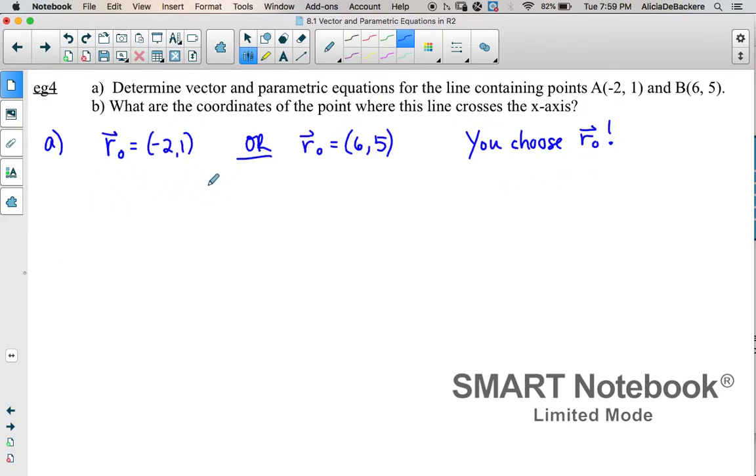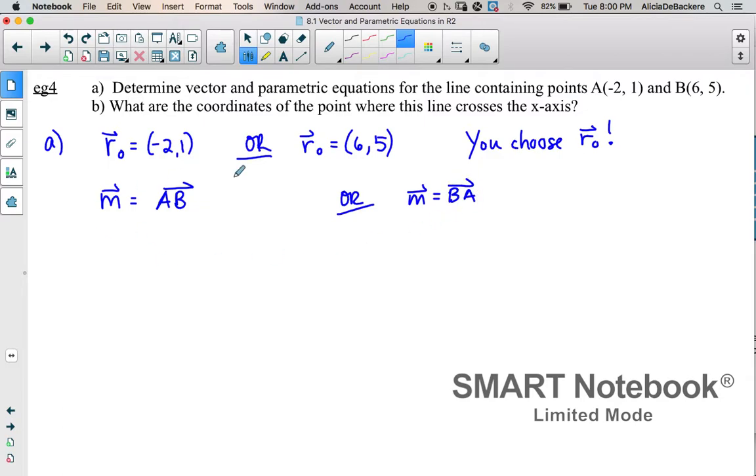So we've got our R naught, that's part of our vector equation, and now I need my direction vector m. Again, if I'm given 2 points on the line to find my direction vector, the easiest thing for me to do is to connect those 2 points and not worry about magnitude. So you could do AB, but somebody else might use BA, right?